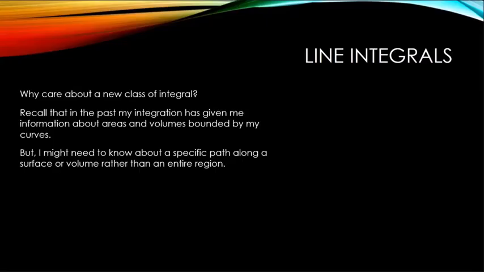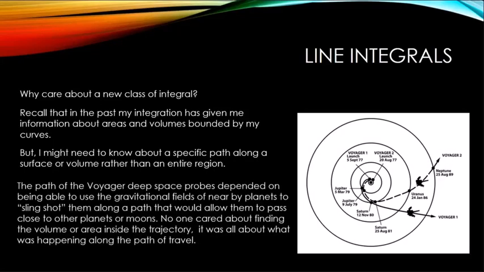volume of a region. The path of the Voyager deep space probe actually depends on being able to use line integrals. It depends on being able to know where that probe is with respect to the influence of a gravitational field exerted by planets like Jupiter or Saturn that will allow them to use that gravitational field to slingshot Voyager further on its path to the outer parts of the solar system.